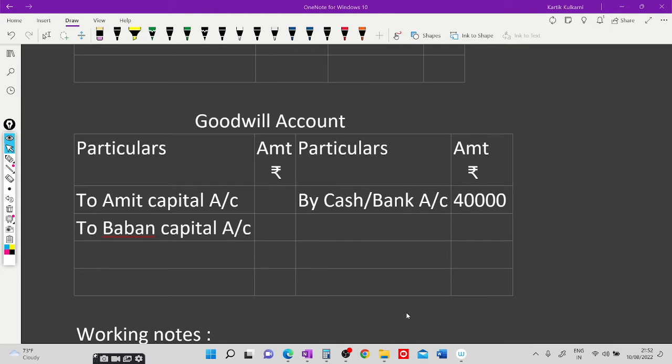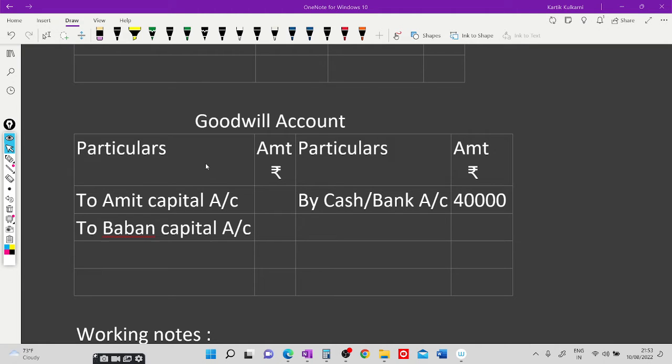Then we have to pass the transfer entry of goodwill. The goodwill will be transferred to the old partners, but since the goodwill is brought in cash, we have to distribute the goodwill to the old partners' capital accounts in sacrifice ratio.